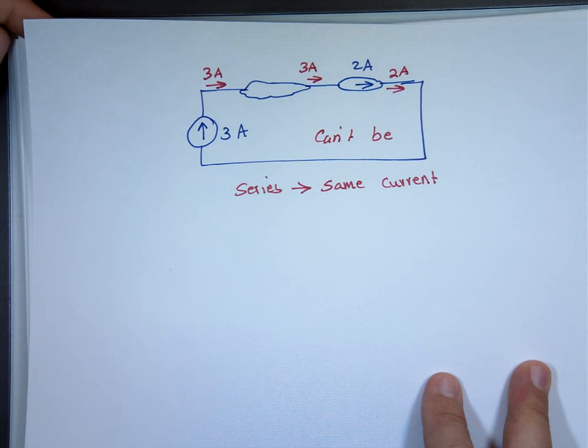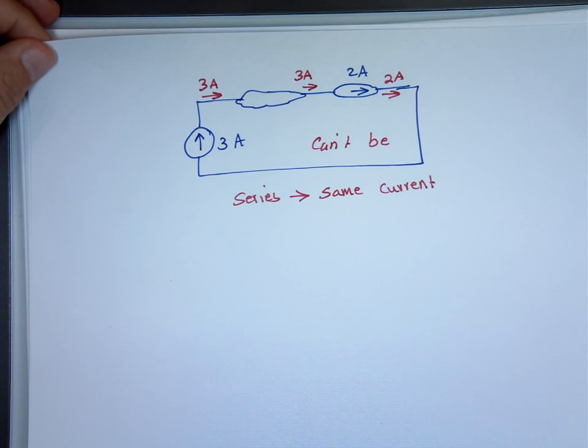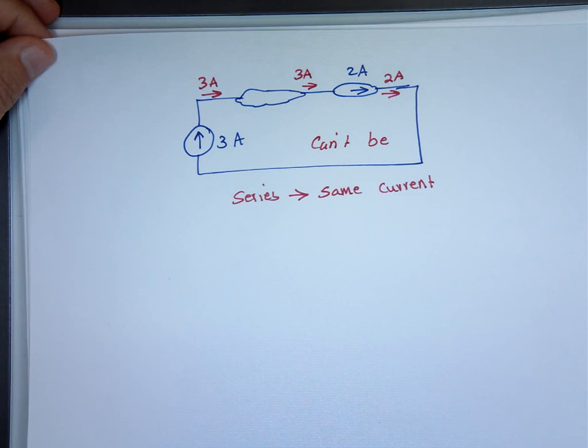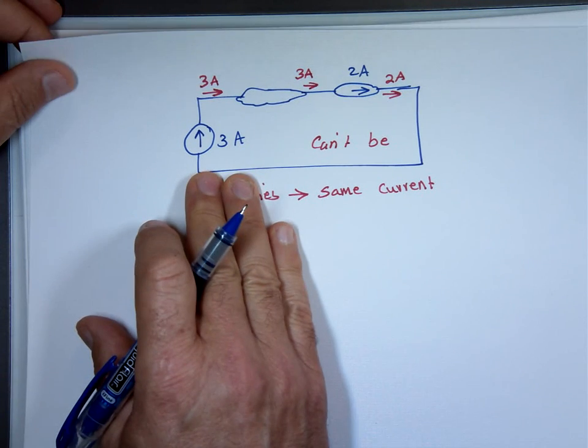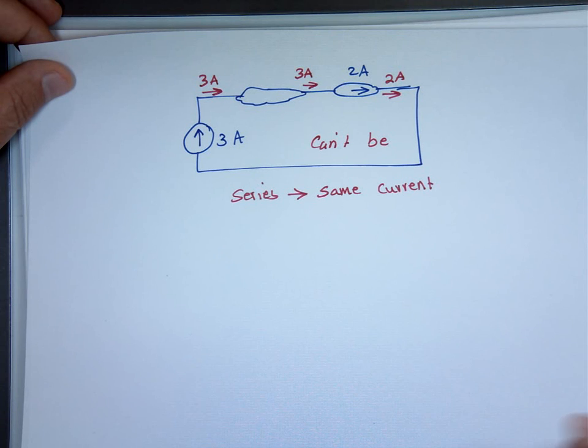Now, there are sources that depend on something. They're called dependent sources. So their value is not 3 amps. Their value might be 5 times the current somewhere else, or 5 times the voltage somewhere else. So let's look at dependent sources.